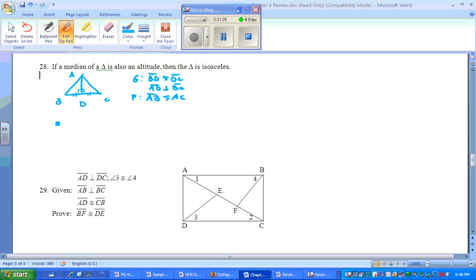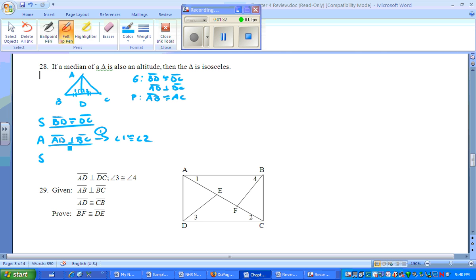Well, from our proof, we can do it as side, angle, side. We have the side BD being congruent to DC. We have the perpendicular piece, which causes, I'll call them angle 1 and 2, angle 1 congruent to angle 2.